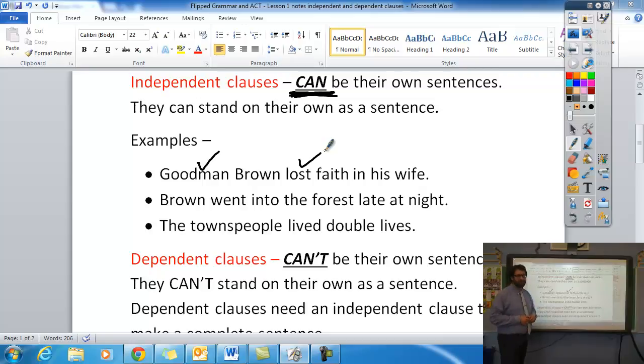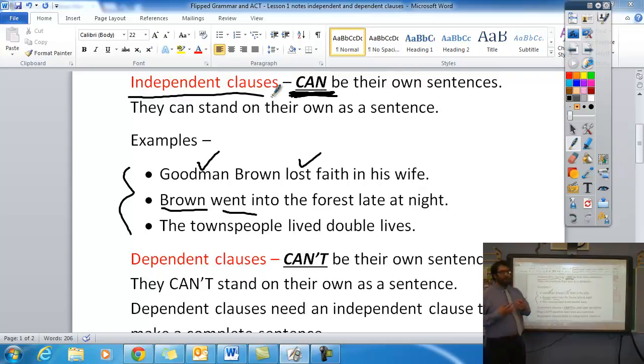Brown went into the forest late at night. Again, subject, verb, complete thought. So that's an independent clause. It could be its own sentence. How about the next one? The townspeople live double lives. Again, a complete thought. We've got a subject, we've got a verb. It can stand on its own. So these are all really good examples of independent clauses, okay?